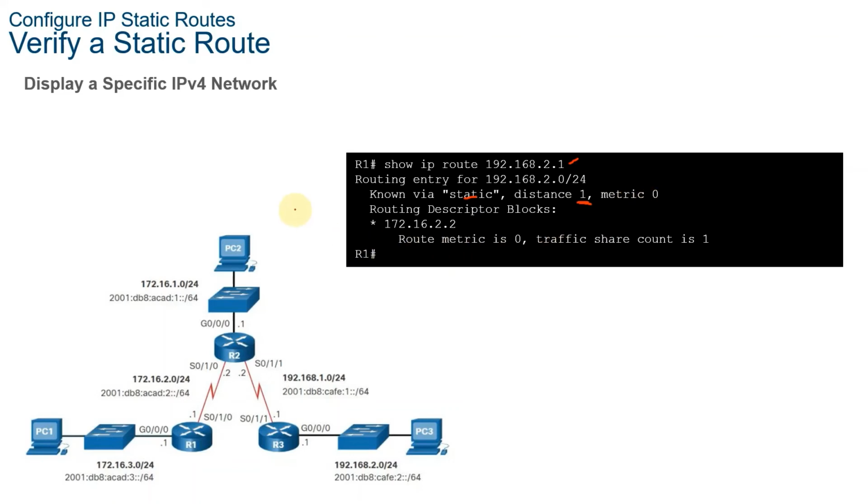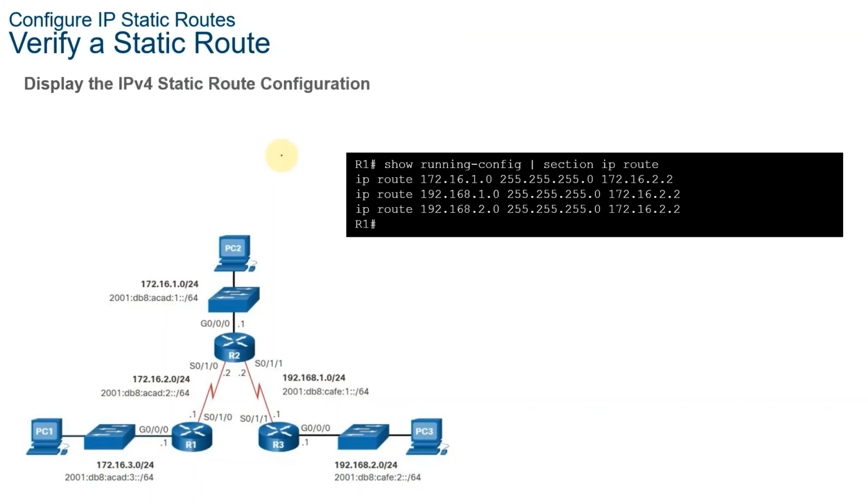Next, how about displaying the IPv4 static route configuration? Section ip route here. This command filters the running configuration for only IPv4 static routes: show running-config piped to section ip route.